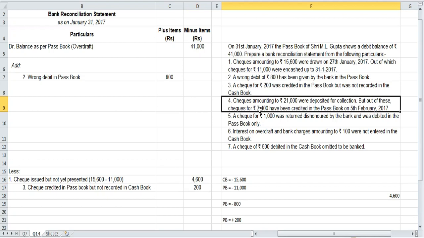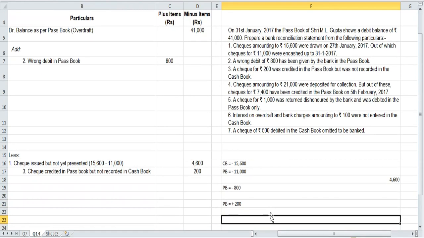Checks amounting 2100 were deposited for collection, but out of these checks for rupees 7400 have been credited in passbook on 5th of February 2017. Okay, this is a little confusing, but listen carefully.